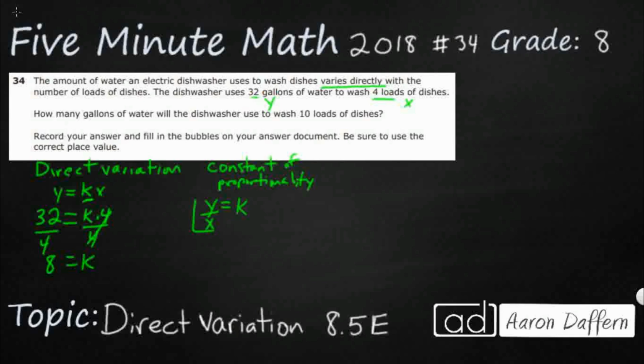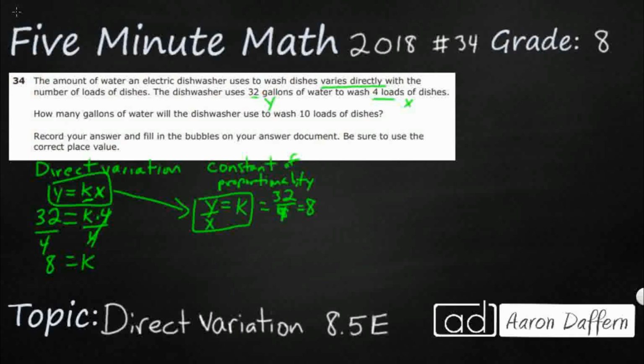And really what we did here is it's the same equation, right? You just divided both sides by x to isolate that k. And so what we did is we just took our y, which is 32, and divided by our 4 to get our 8.